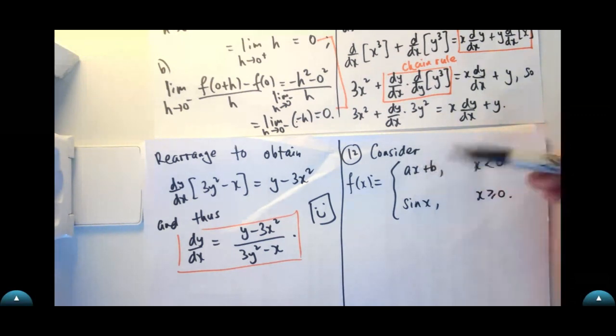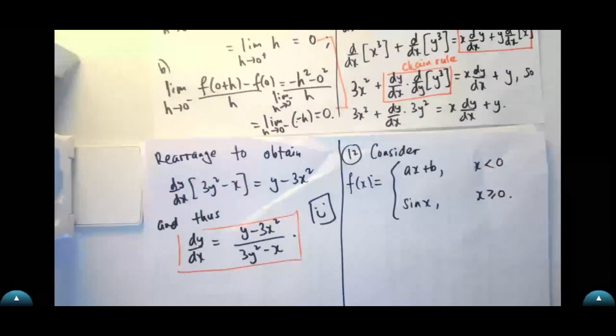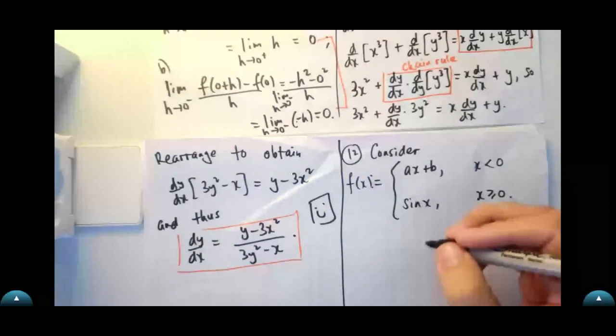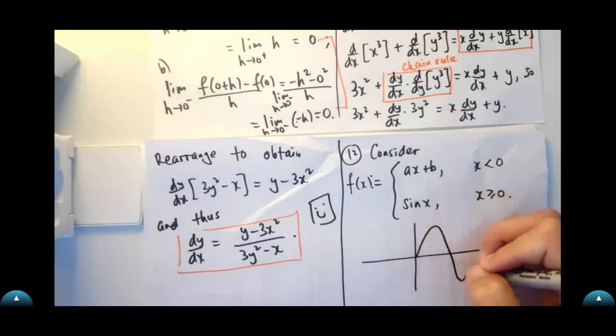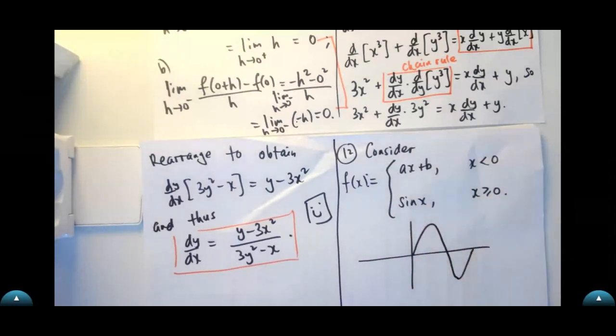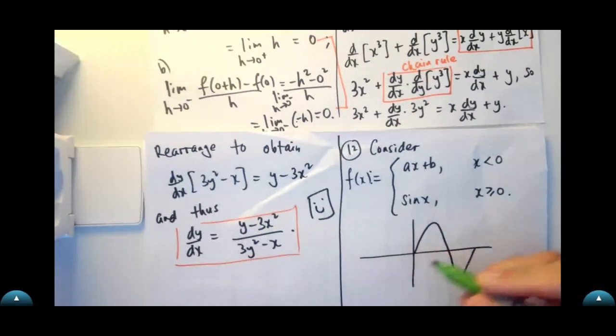Now, it's a bit hard to draw this curve because we don't know what a and b are, but we can kind of work it out. Here's your badly drawn sine curve, and then you've got a linear function over here.